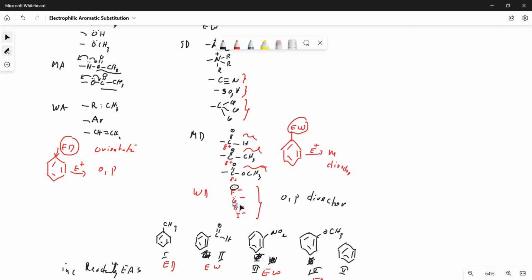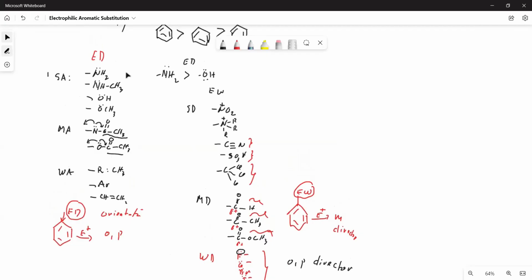Now, there is a very important point here when it comes to orientation. Generally, for electron donating groups, when they donate electrons to the benzene ring, the carbon positions that will accept those electrons from these substituents will be the ortho and para positions.